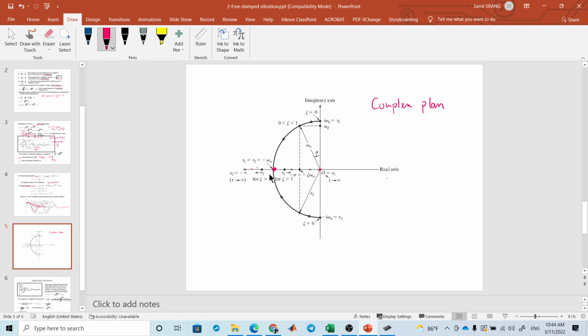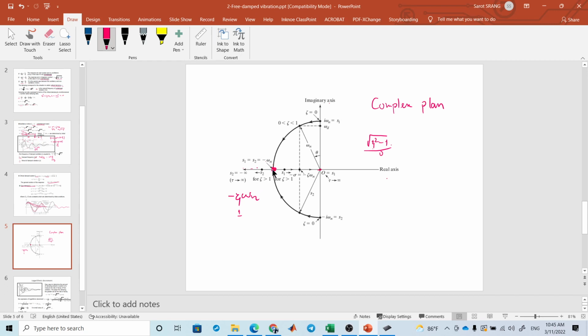Zeta equal to 1, and you have a double root, and the double root is equal to omega n. But there's no imaginary part. The imaginary part has the term square root of zeta squared minus 1, but zeta equal to 1, then this is already 0. So the real part is minus zeta omega n. So when zeta is 1, the double root here is minus omega n.